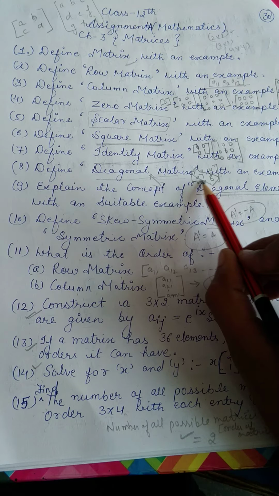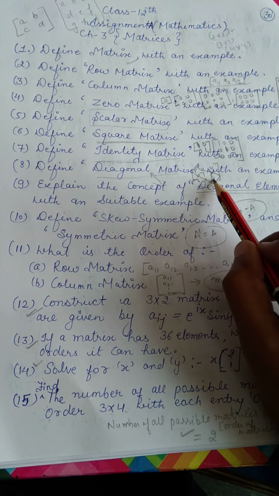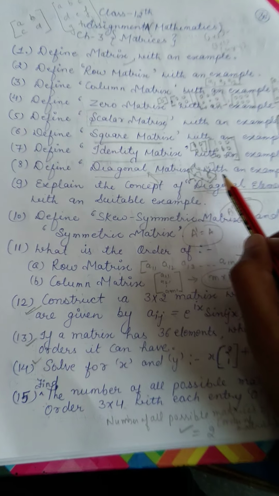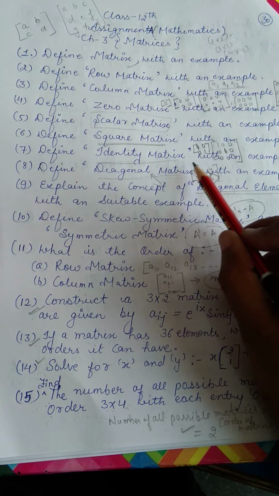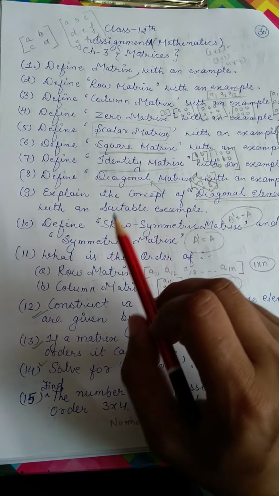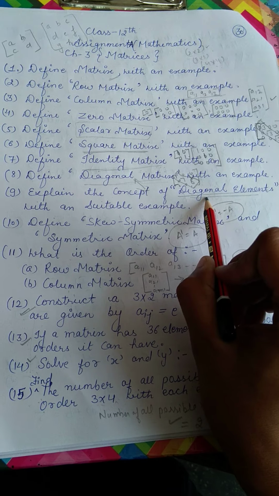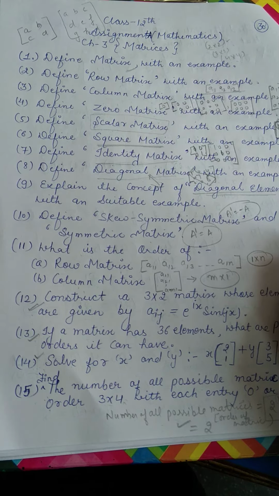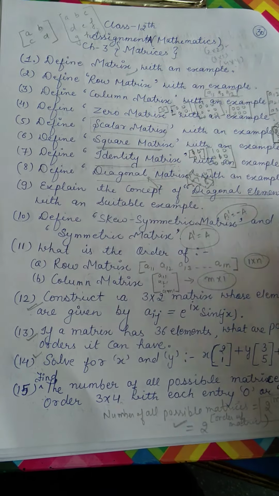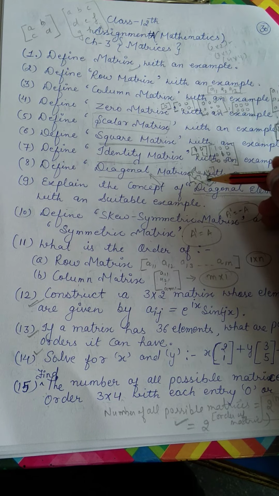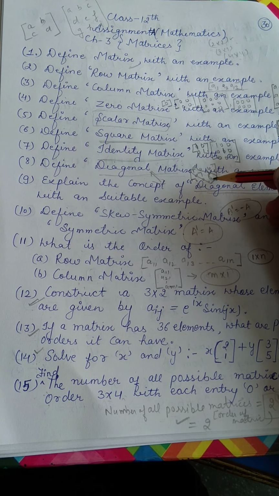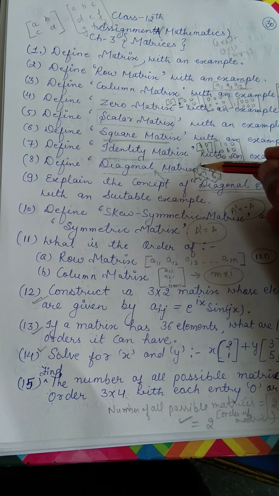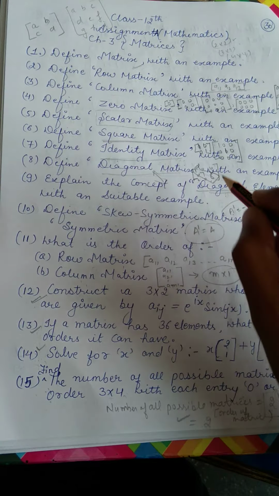In your diagonal matrix all the elements except the diagonal will be 0 and it will be of square matrix type. Then is, बच्चे, your diagonal elements. What are your diagonal elements? Whenever you have a matrix, all the elements which lie centrally from left to right, they make the diagonal of that square, and whatever lies on that diagonal are called diagonal elements.